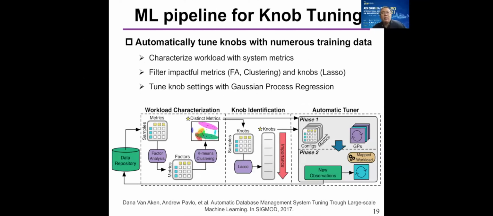The second method is the machine learning pipeline. They first categorize the workloads and identify the most important knobs that may affect the performance, and then tune the knobs based on machine learning techniques, for example, Gaussian process regression. This is a pipeline-based method, and it also needs training data.